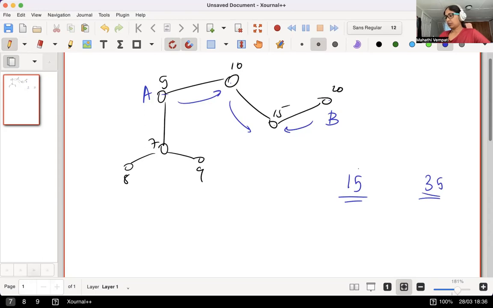If A's total population is greater than B's total population, then A gets a point. Otherwise, A doesn't get a point. So every turn they check the total population so far. After this, on the second move, it might be 5 plus 10, 15 plus 15, 30, and so on. So it just keeps accumulating.